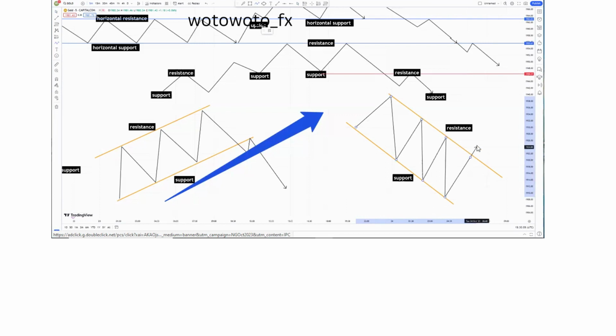So if price happens to break here, the next thing you get to see is that when price breaks here, it will continue to the upside and start going up.